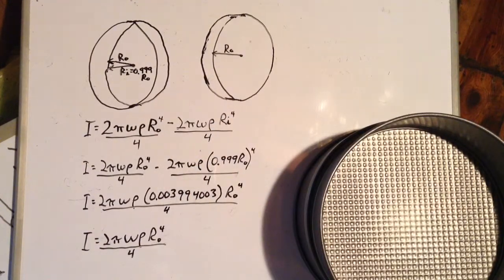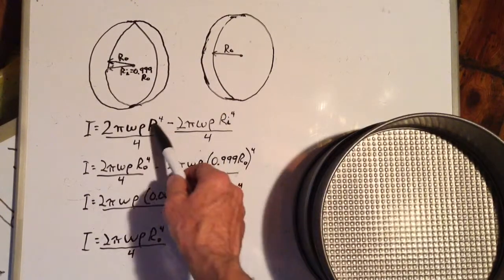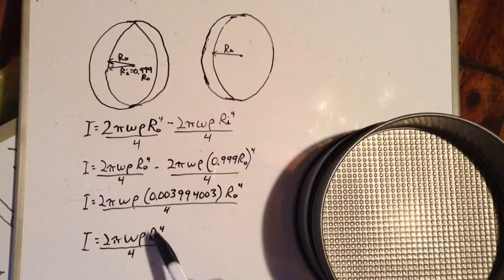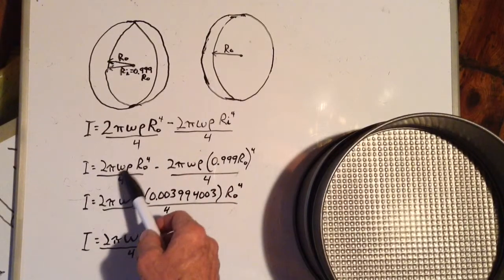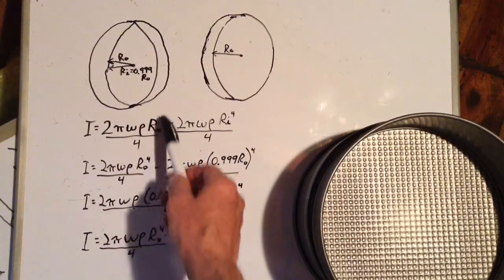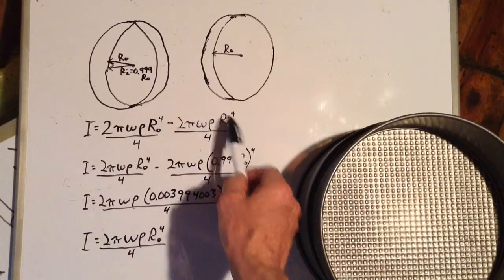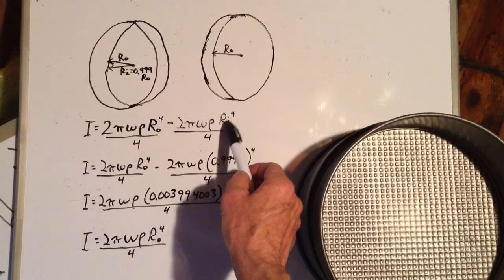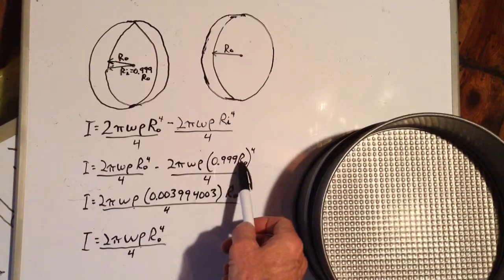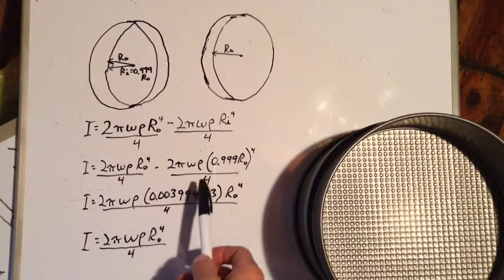And since the inside radius is equal to 0.999 times the outside radius, I equals 2 pi times W times density times, well, this is the same as that one, except we replaced Ri with what it is in terms of Ro, 0.999 outside radius, and all that to the 4th.